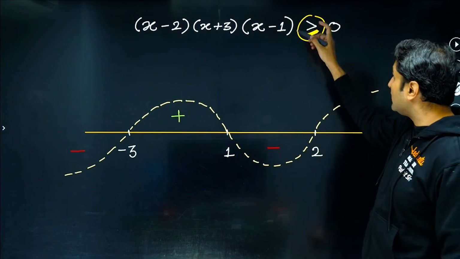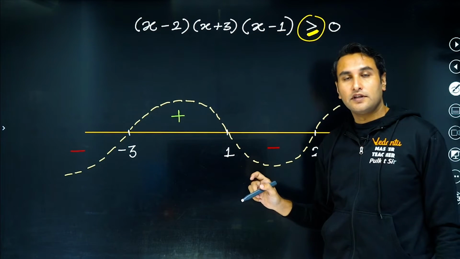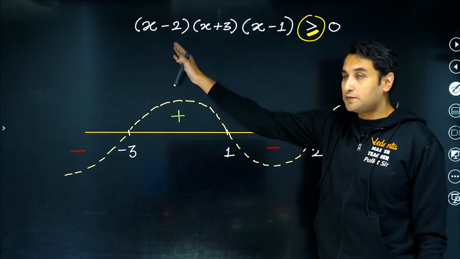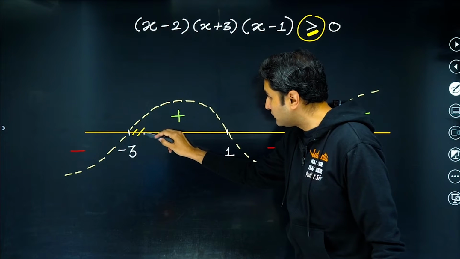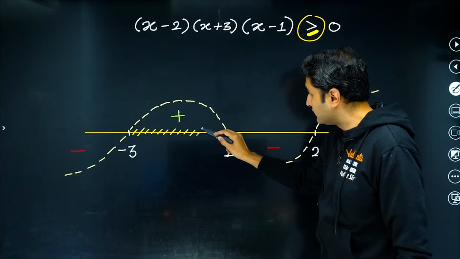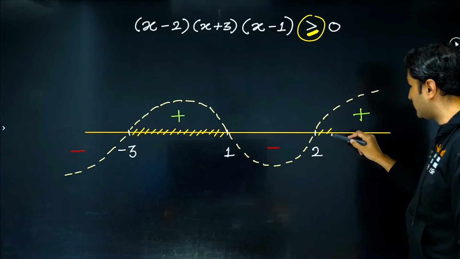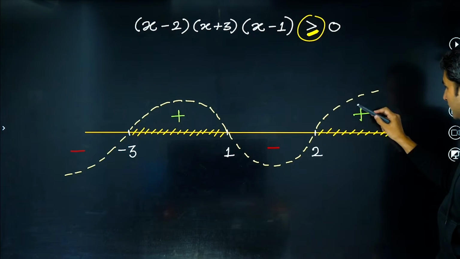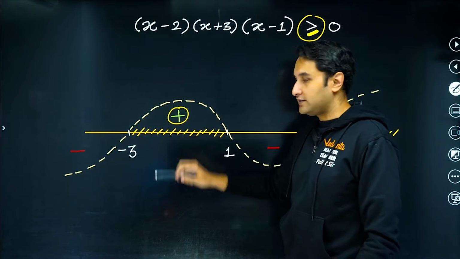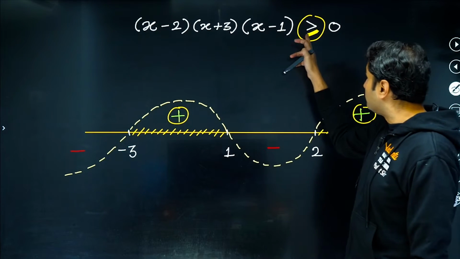So we understand, where is this greater than 0? This expression? This portion greater than 0, plus plus. But what do you want?